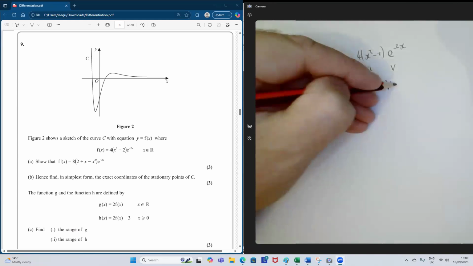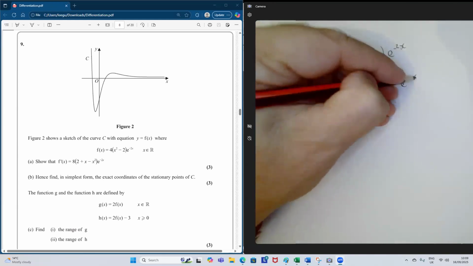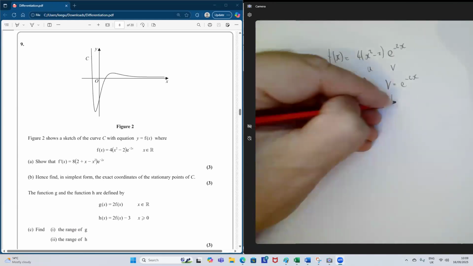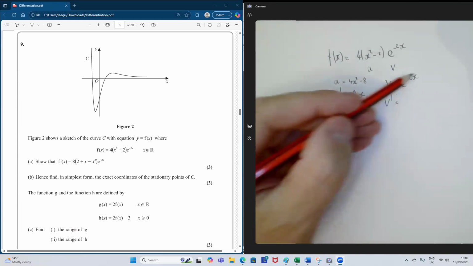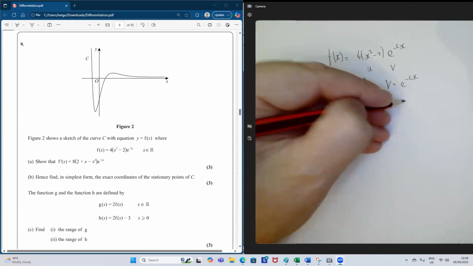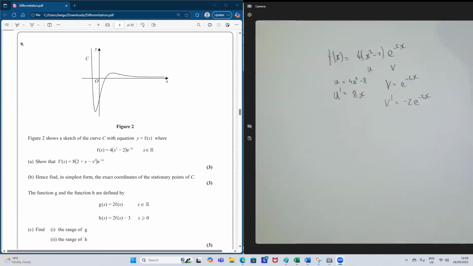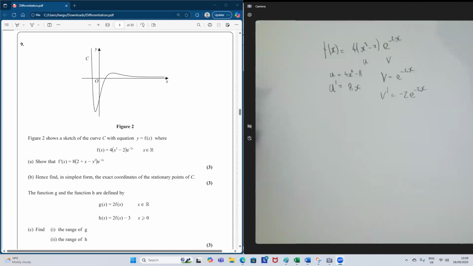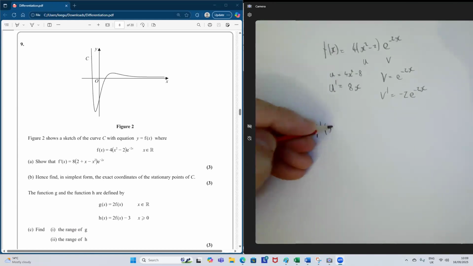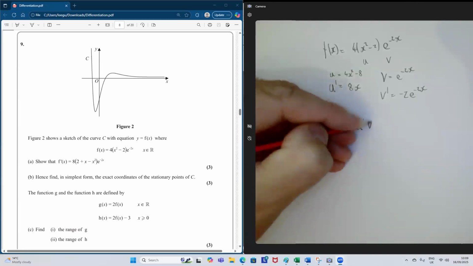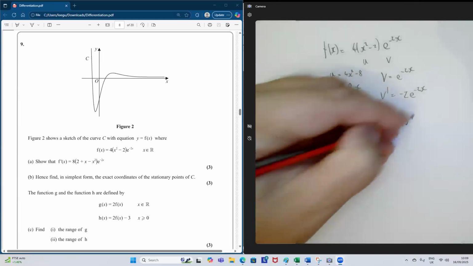Our v is e to the minus 2x. And when we differentiate that, our v dashed, remember, we multiply by the derivative of the power, is going to go to minus 2 e to the minus 2x. So we can sub all those pieces of information into the product rule. We can say that f dashed of x is going to equal u dashed v add u v dashed.